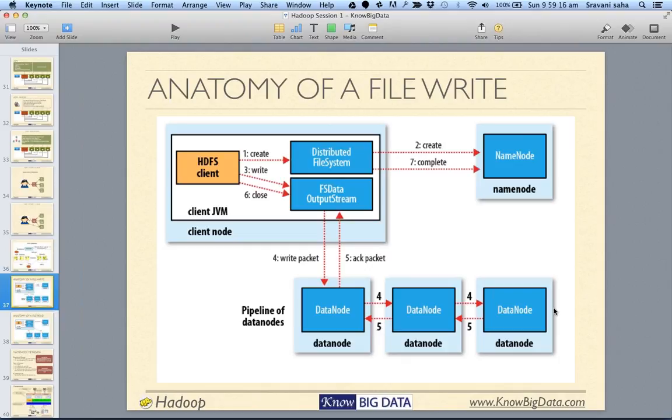So Poojan's question is, what if there are many clients connecting which want to write data, and all of them talk to the name node? Will this cause a performance overhead? It definitely causes performance overhead, the reason being that the name node is fairly singular.